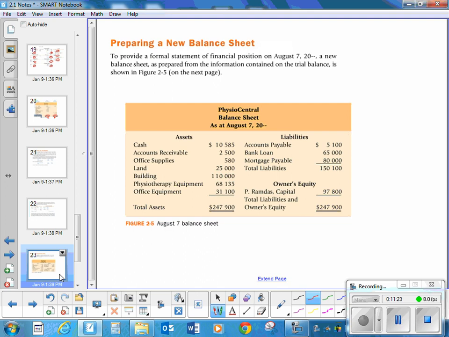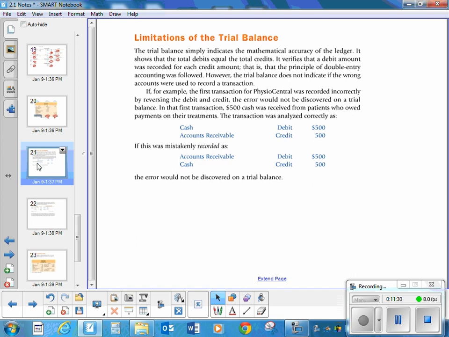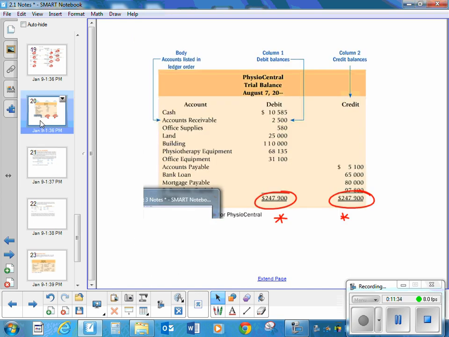Your balance sheet is going to look like this. You already know how to make a balance sheet. The limitation of a trial balance, I want to go back here, is that it does show you that you're balanced, but you might actually have an error in one of these accounts. And your trial balance will not pick that up, unfortunately.